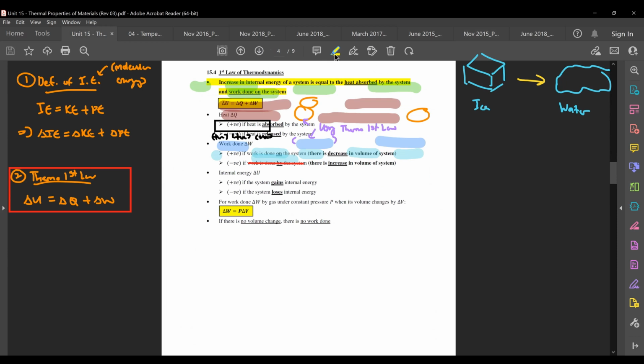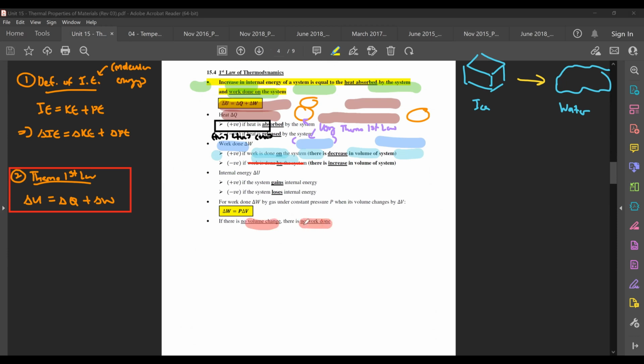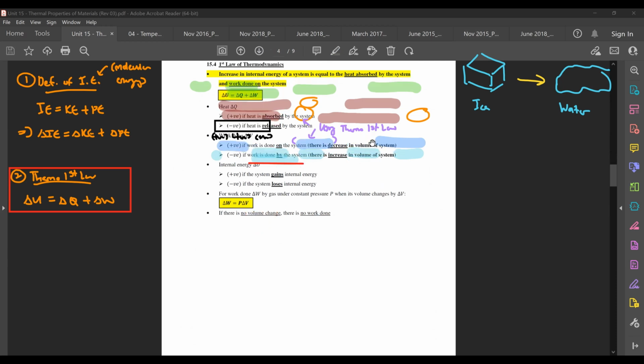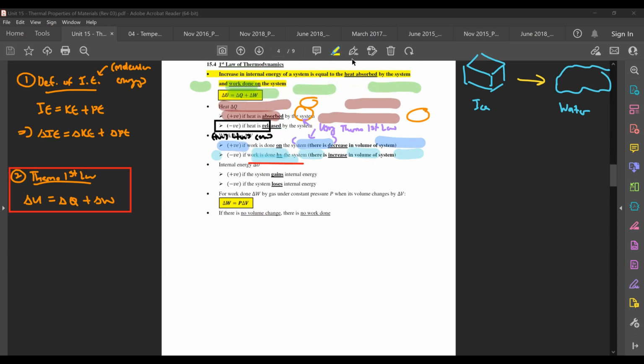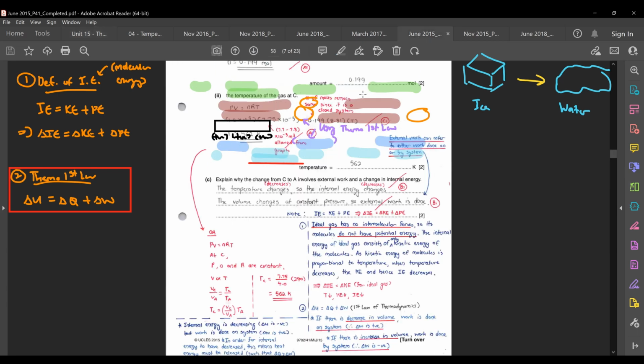Generally speaking, if there's no volume change, there's no work done. If you have volume change, you will have work done because it's already implied from this equation here. W is equals to pressure times volume change. So what you're interested now is to find out when ice changes to water, is the volume increasing or decreasing?